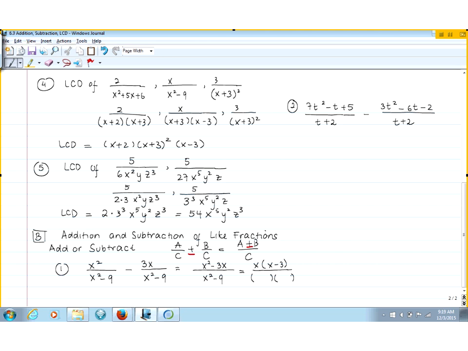Can I factor x squared minus 9? What is it? x plus 3 times x minus 3. All right. So now, these cancel. Yes. So this is equal to x over x plus 3.